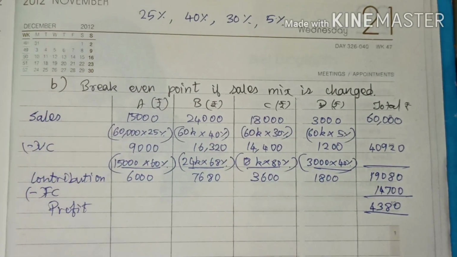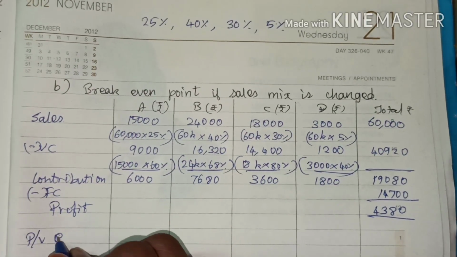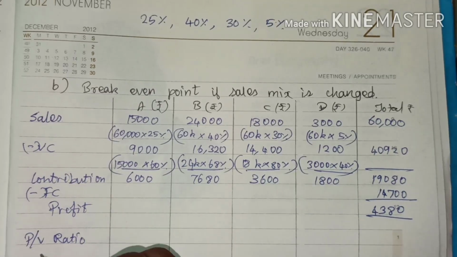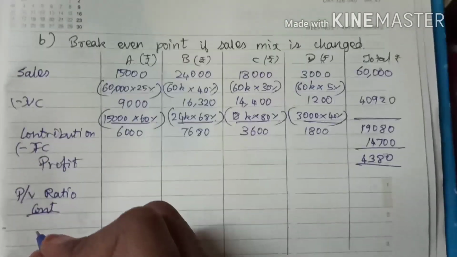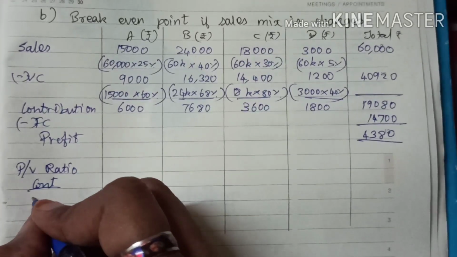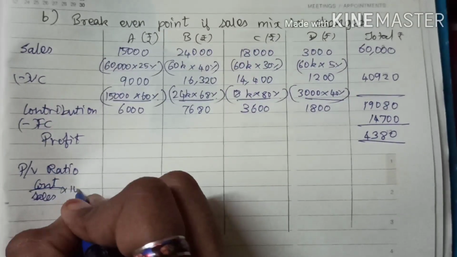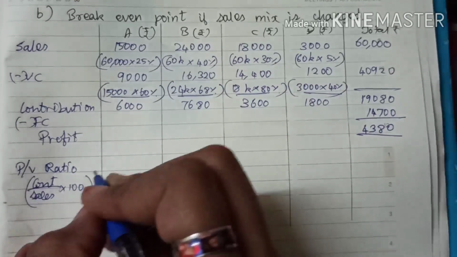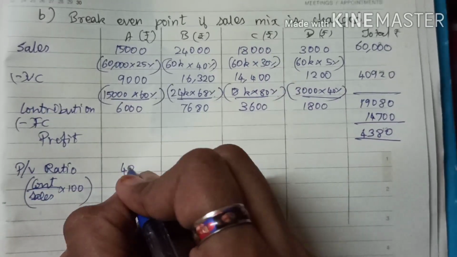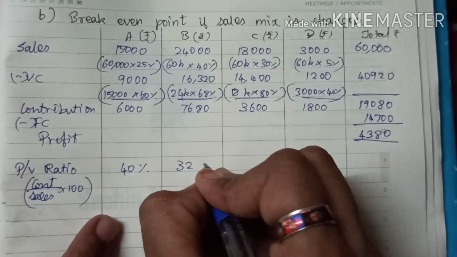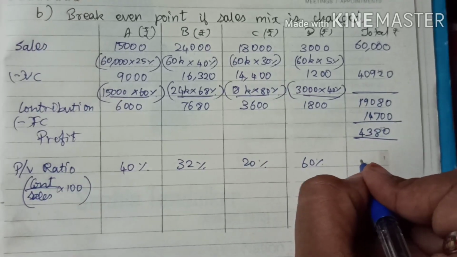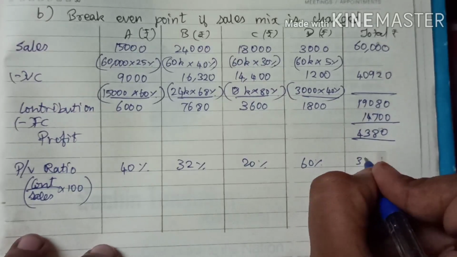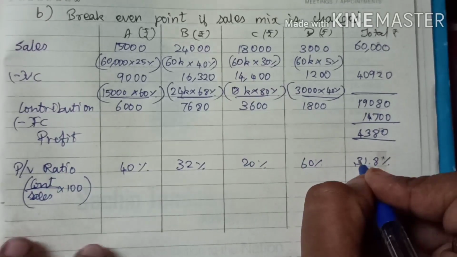Now we have to calculate the PV ratio. Contribution divided by sales into 100, and if you do this, you will get 40%, 32%, 20%, 60%, and at last you will get 31.8%.